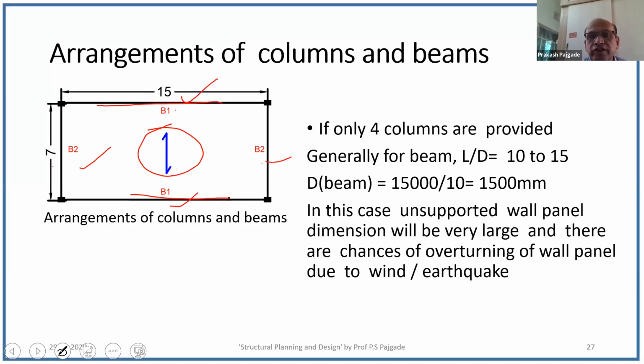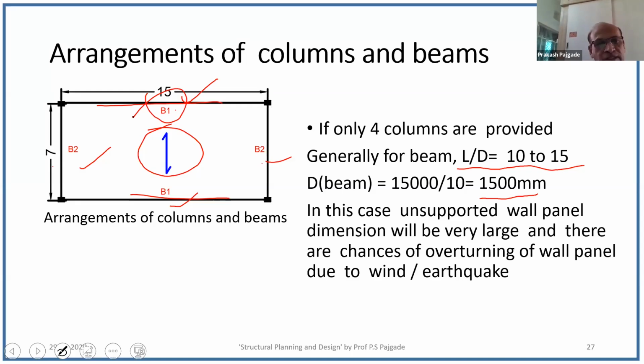Generally, we will provide L by D, that is span by overall depth ratio, for beam between 10 to 15. So depth of beam required will be 1500 millimeter or 1.5 meter. So for this beam, for span equal to 15 meter, depth required will be 1.5. So there is no problem in designing.